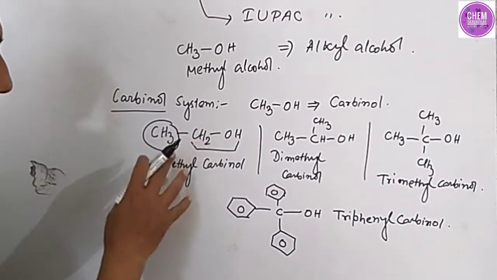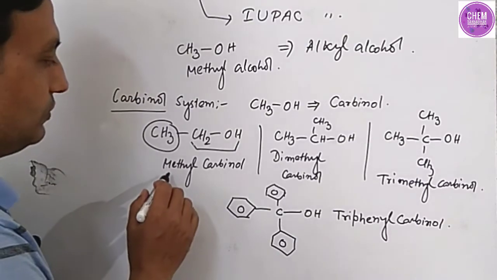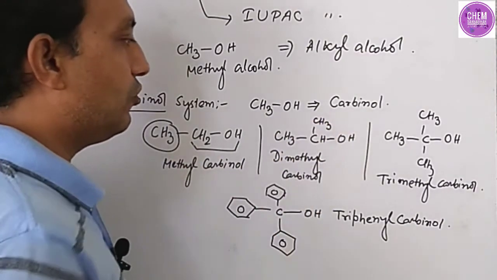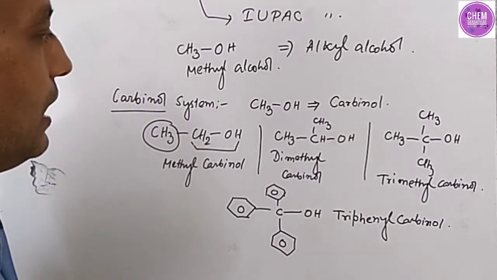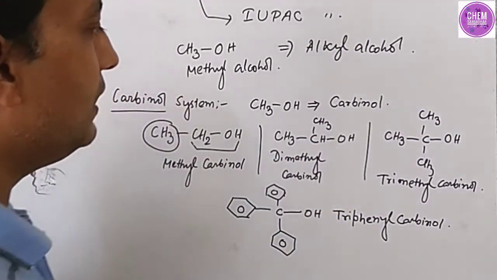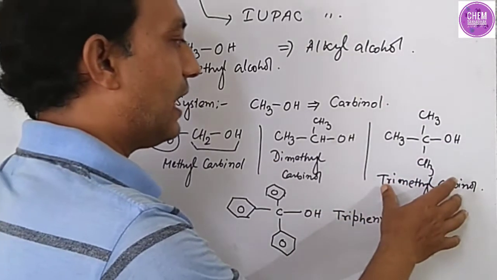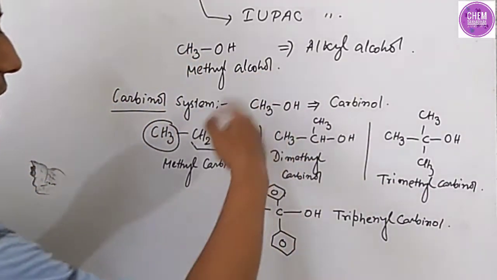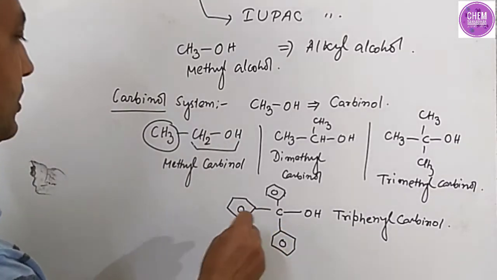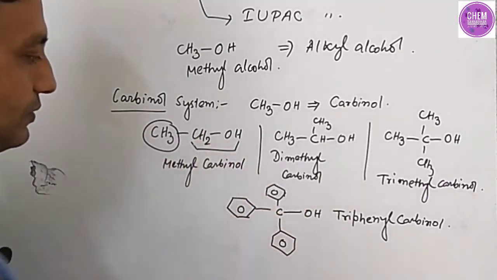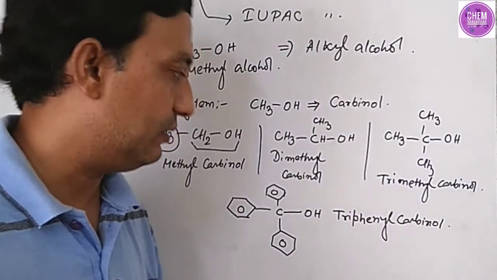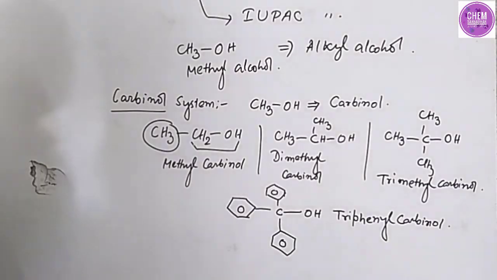Here a hydrogen is substituted by a methyl group, so this is named as methyl carbinol. Next one, 2 methyl groups are present in that particular carbinol system, that's why dimethyl carbinol. Third one is trimethyl carbinol. If all the hydrogens of the methyl group are substituted by 3 phenyl groups, that would be known as triphenyl carbinol. This system definitely has limitations.